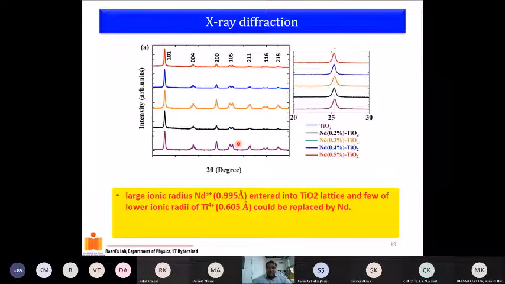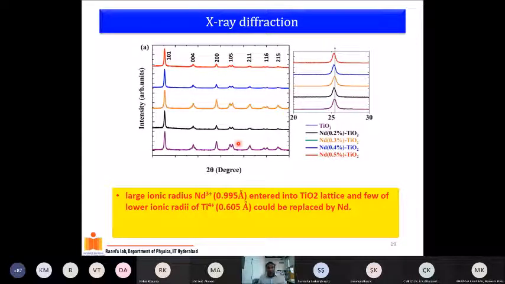This is the simplest one can think of when you want to look at the crystallinity of the material, and this technique also helps you understand if I dope something, did it actually sit inside the lattice or not. It can happen that neodymium is deposited on top of the titania, rather than getting into the lattice. We want it to be doped into the lattice so that the presence of Nd, or any dopant, would change the properties of the material.